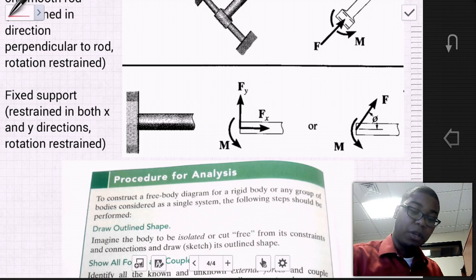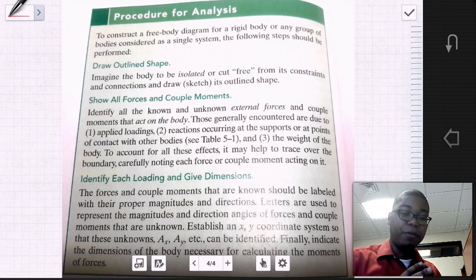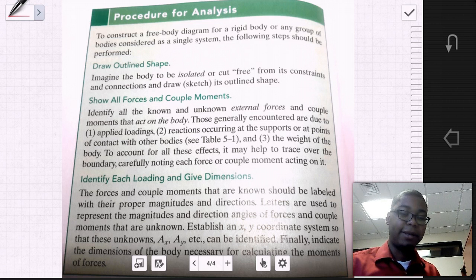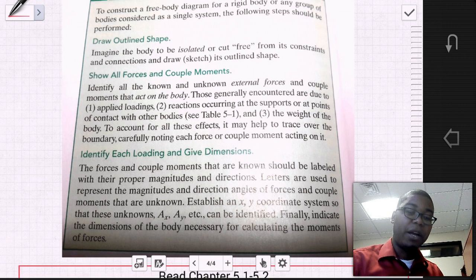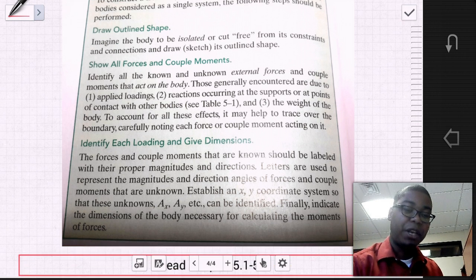So the procedure for analysis, the procedure for actually constructing and setting up a free body diagram is as follows. First, you draw an outline of the shape. So you take whatever the system is and you try to idealize it and free it from its surroundings. Free it from its constraints and connections, and draw a sketch of the known and unknown forces that develop. You need to identify all the known and unknown external forces and the couple moments that are acting on the body.